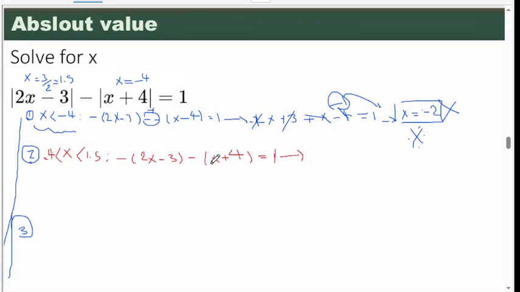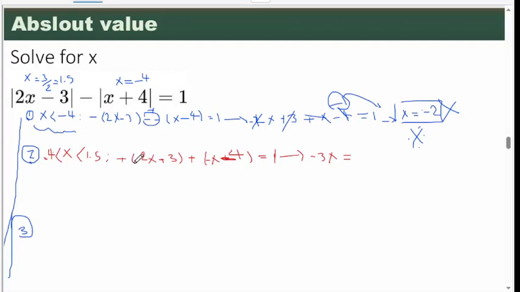Negative 2x, negative x gives me negative 3x. And positive 3, negative 4 gives me negative 1. Let me consider it again.